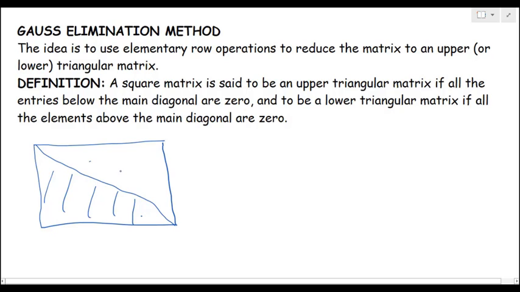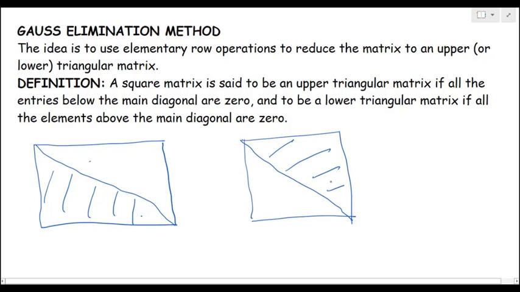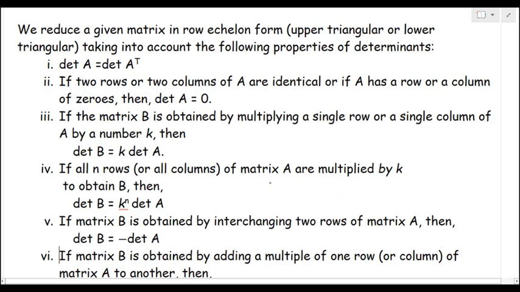And it is a lower triangular matrix if we have the same square matrix, and this is the leading diagonal, and all the values on the other side are equal to 0, while on the unshaded side not all of them are equal to 0. Then that is a lower triangular matrix.